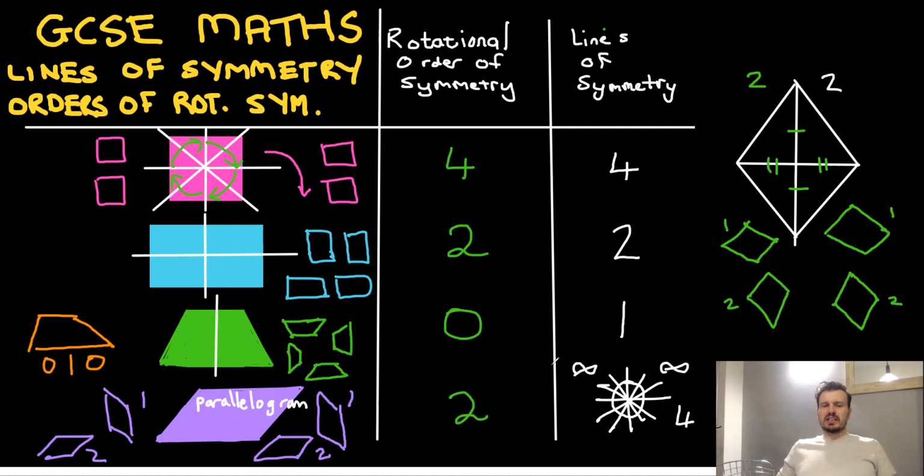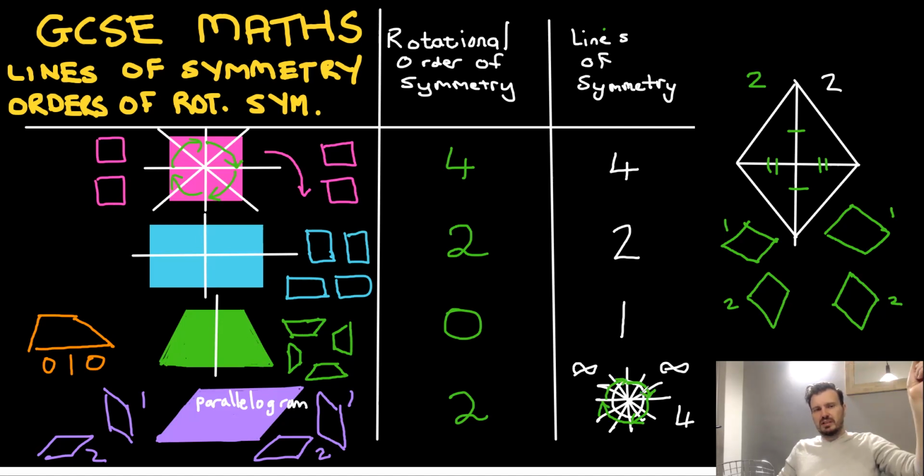So what I'm saying is, if you rotate it by 90, it's an order of 4. It doesn't matter, if you keep rotating a circle, it'll always look the same, no matter how many degrees. But assuming that we rotate it by 90, and then by 90, and then by 90, and then by 90, then it would have 4 orders.